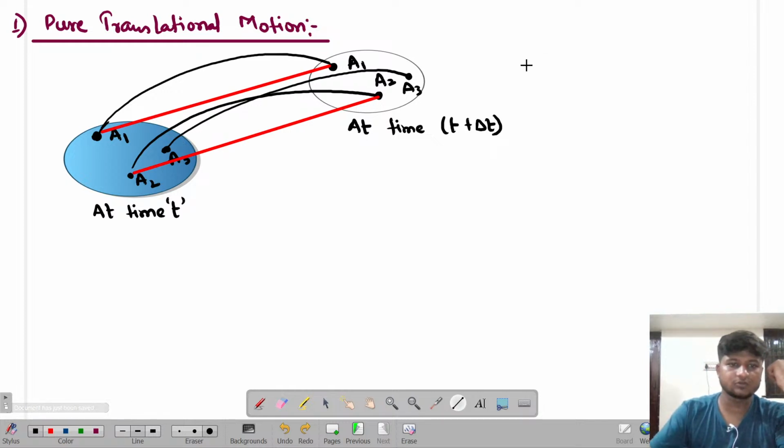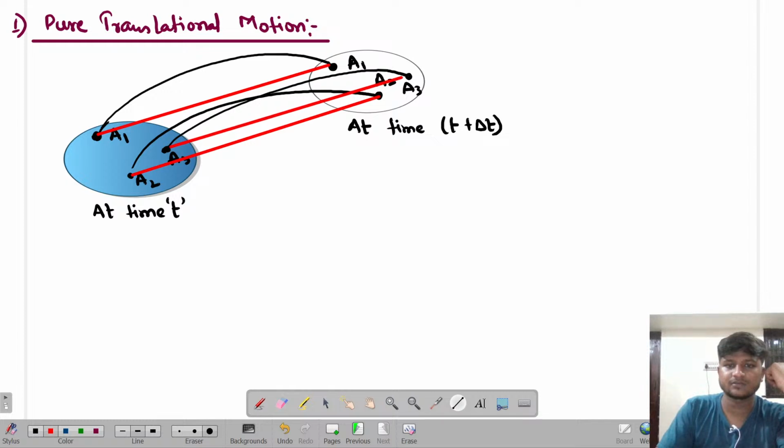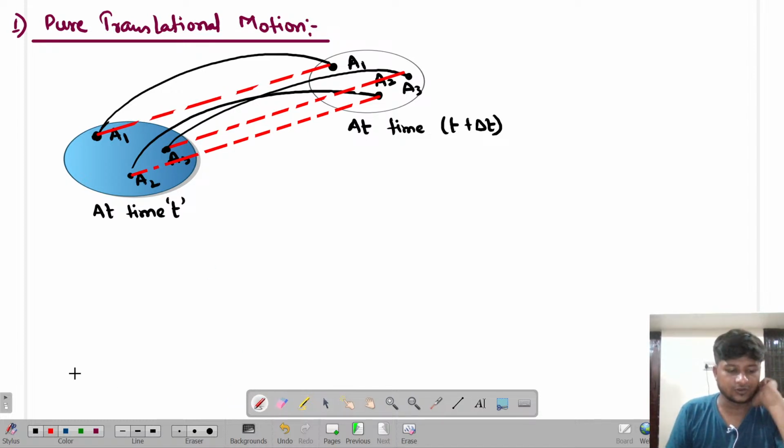So what is translational motion? The idea is very clear: if I find the displacement of A1, or A2, or A3, these displacements are exactly the same. So let us define this.